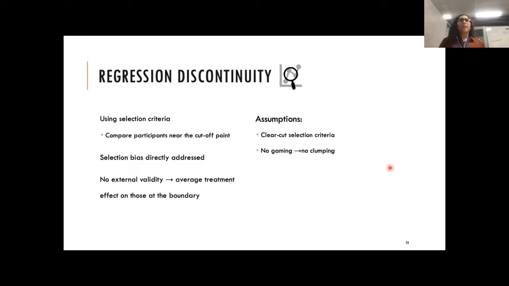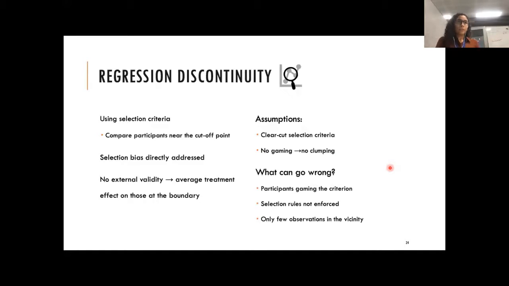So when we are seeing it in our graphs, if there are clumps of people who suddenly seem to be just below the selection threshold, that is an indicator that people can be doing something just to be part of the treatment group. So people can game that criterion.